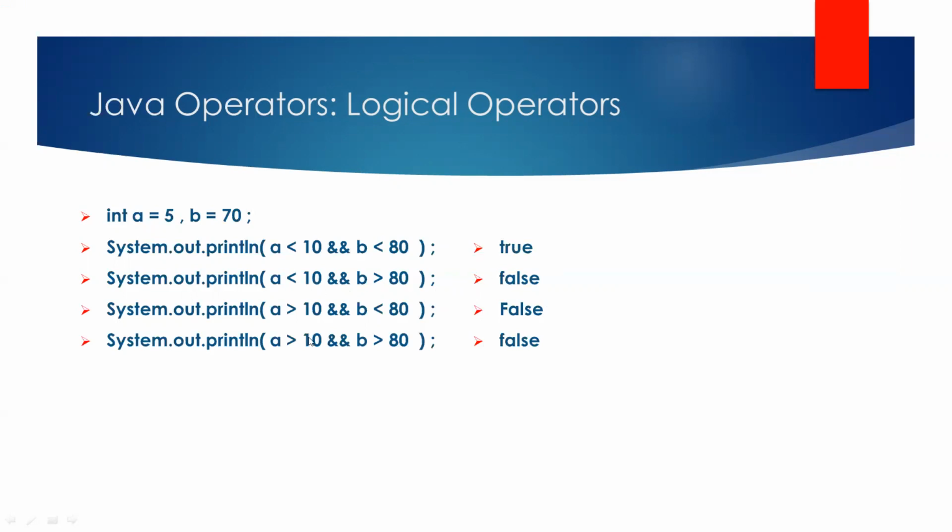And in the next case, B is greater than 80, no, so it will give you the result as false. And this is true, but AND says all the expressions must be true. So in this case, one is false, so this will result in false. This will result again in false, and this will give you the result accordingly as false.